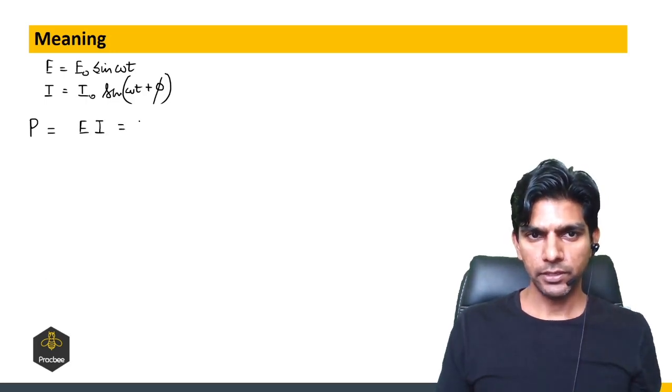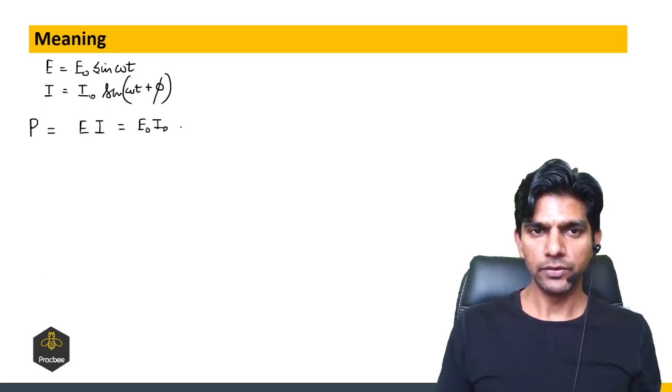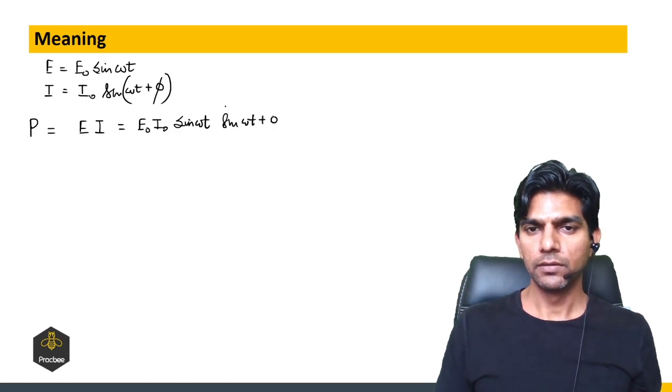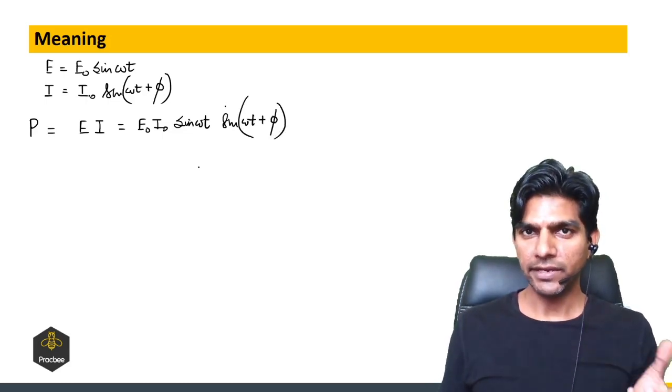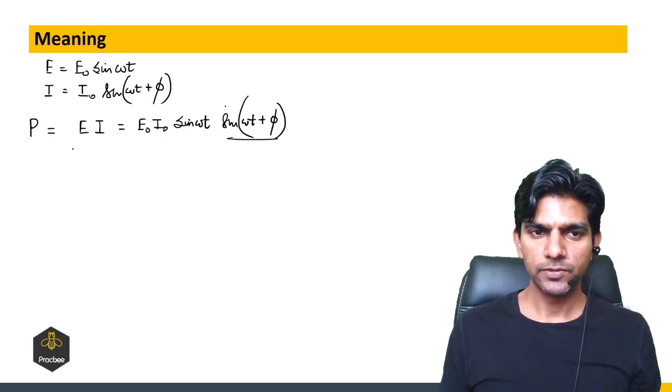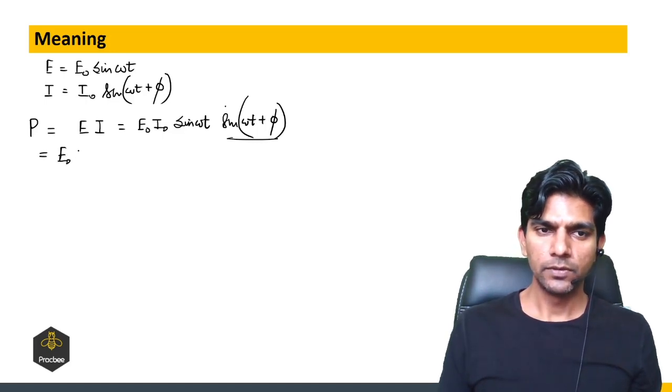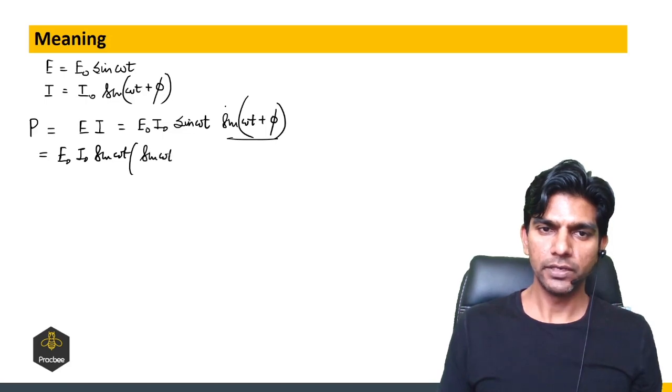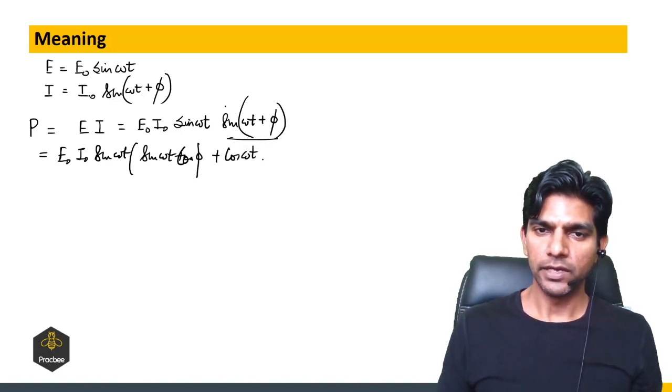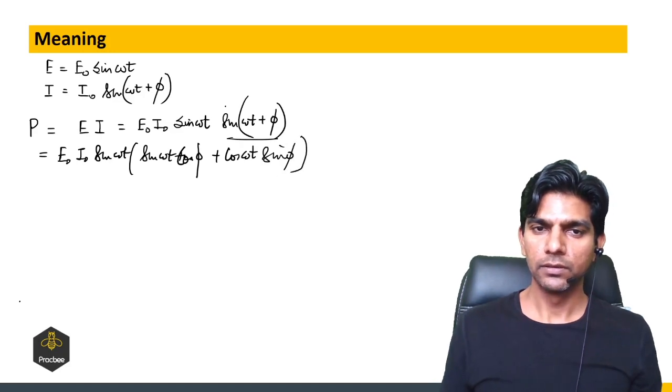So this will be E naught times I naught times sine omega t times sine(omega t plus phi). Now we can apply the sine(A plus B) formula here to expand this. So we'll have E naught I naught sine omega t times [sine omega t cos phi plus cos omega t sine phi].